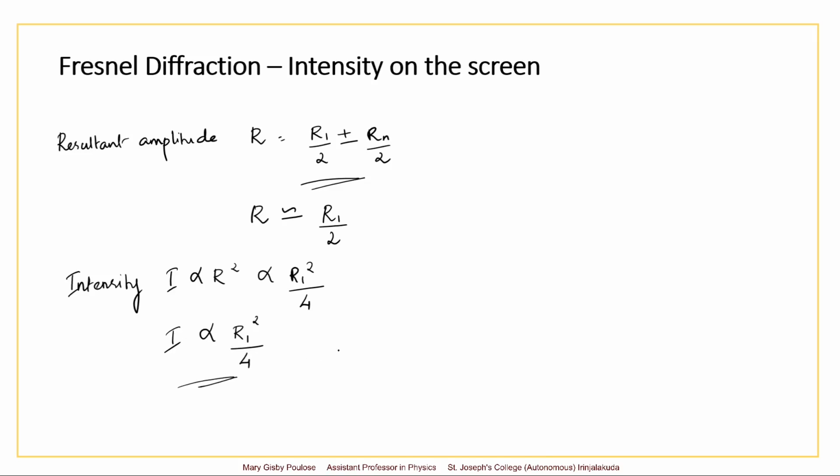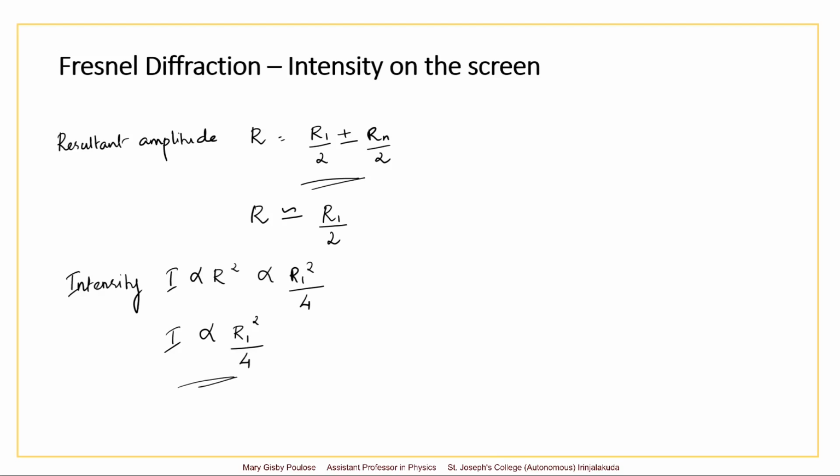Now, if there is any very small obstacle, the size of R1, it will affect the diffraction pattern on the screen. If I was conducting a Fresnel diffraction experiment, and there was a tiny stone or a tiny paper at the central spot of that slit that I didn't know about, we wouldn't be able to get any pattern on the screen.